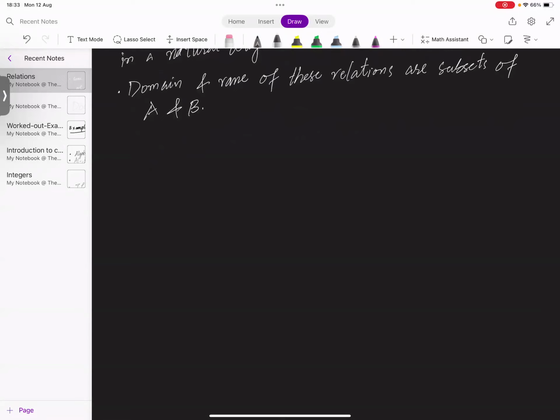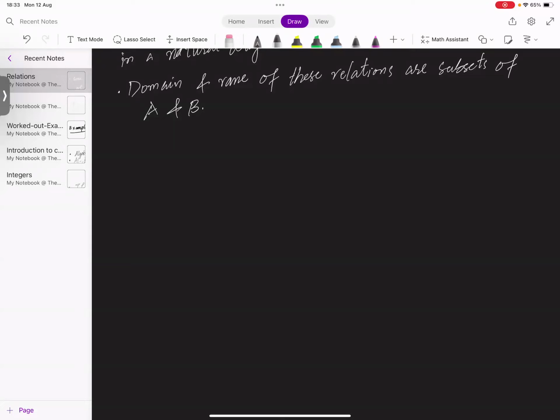Now, given a relation R from a set A into the set B and a relation S from a set B into the set C, there can be another relation from set A into the set C in a natural way as follows. We can also compose some relations to form a new relation.